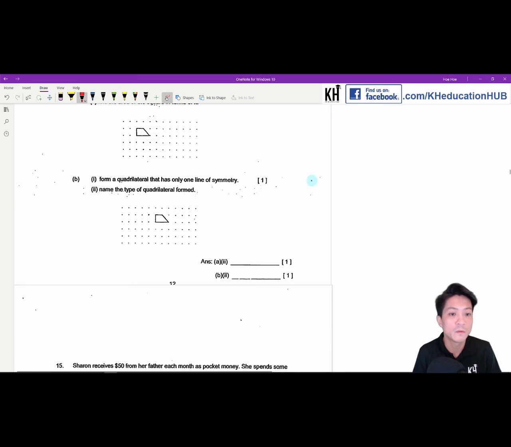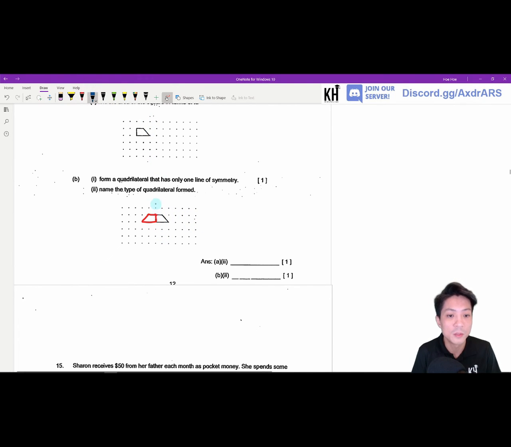Okay, B, part 1, form a quadrilateral that has only 1 line of symmetry. Okay, that would be a trapezium, so I can form a trapezium if I put another unit shape on the opposite side.